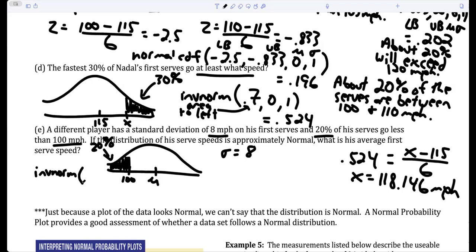What is my area? The area is 0.2. It's always the area to the left of the value. And then mu and sigma are 0 and 1. So take your calculators and do inverse norm of 0.2, 0 and 1.